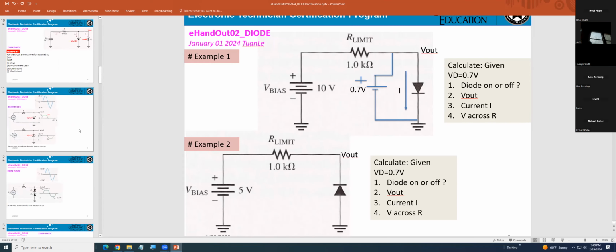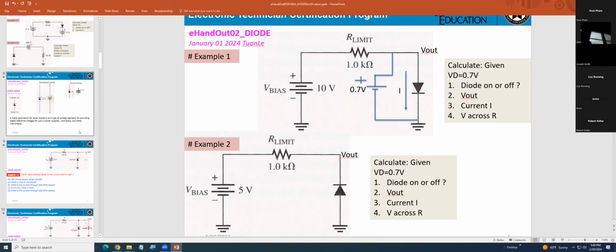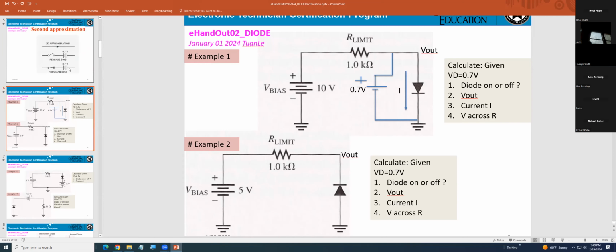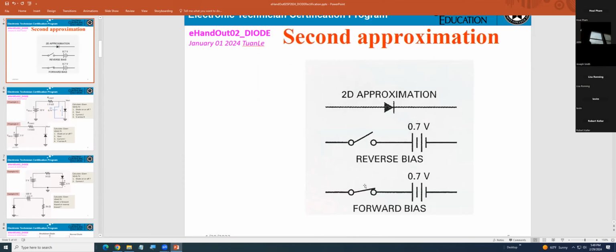Gotcha. Thank you. Okay. The thing is, otherwise we get too many problems. They already showed you right here. Forward bias, they connect so the current can flow. But you substitute the diode by a 0.7 volt battery.